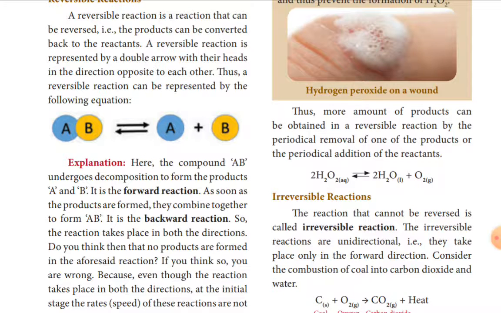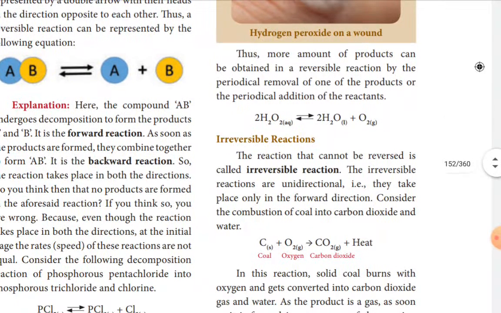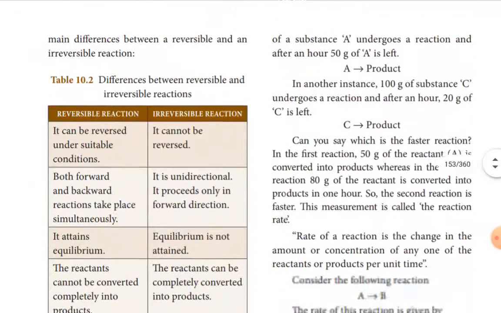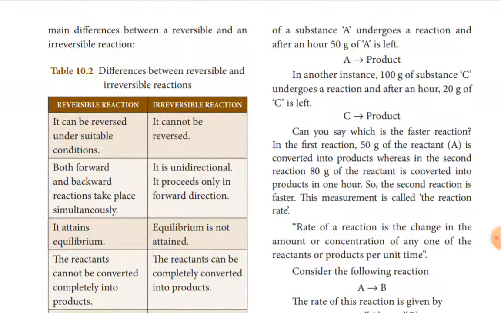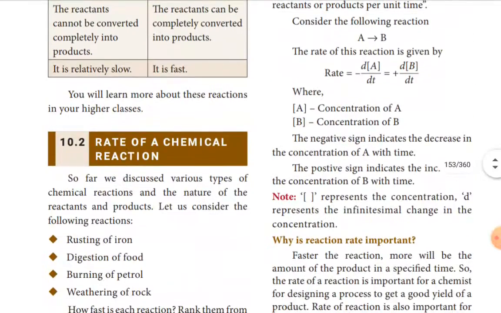In an irreversible reaction, the reactant decomposes or combines to form the product, but the product will not recombine to give the reactant. So this is only a forward type of reaction. Normally the combustion reactions are irreversible reactions, and you have to learn the difference between reversible and irreversible reactions.